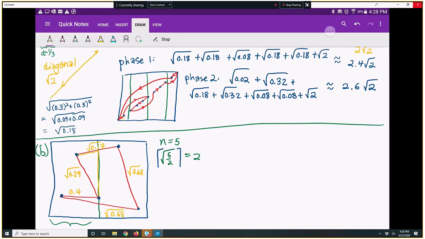So if we add them up, phase 1 is 0.4 plus square root of 0.29 plus square root of 0.17 plus 2 times the square root of 0.68, which is almost exactly 3. It's 3.000 something.